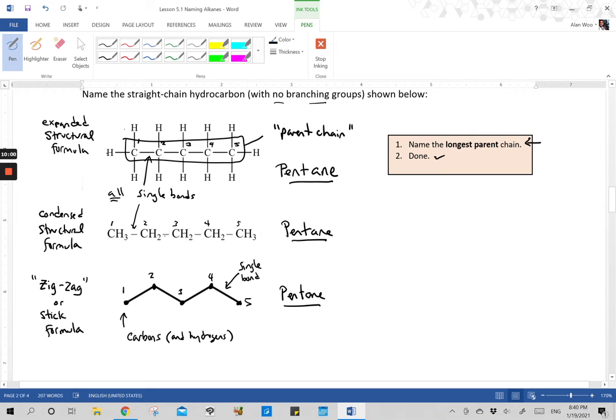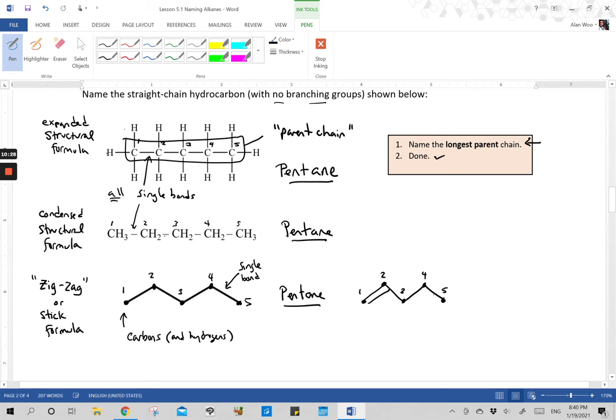What's neat about this is we can also easily draw and make changes. So if I did something like this, again, every corner is a carbon, and even at the end here, you have a single carbon. So there's 1, 2, 3, 4, 5 carbons.